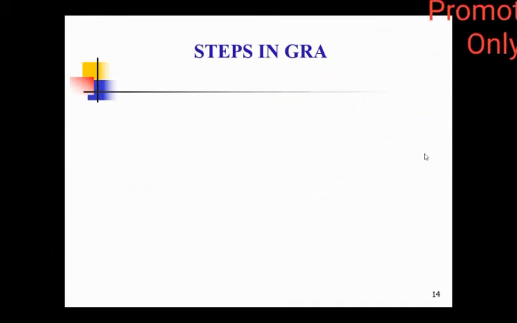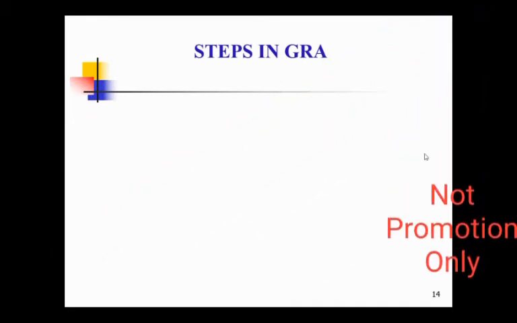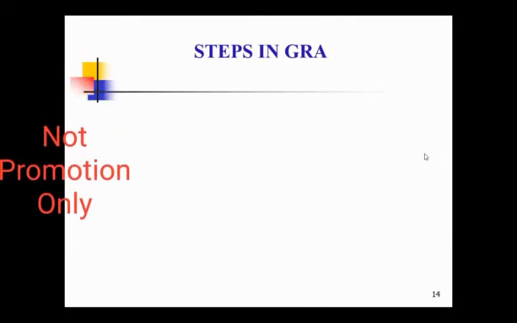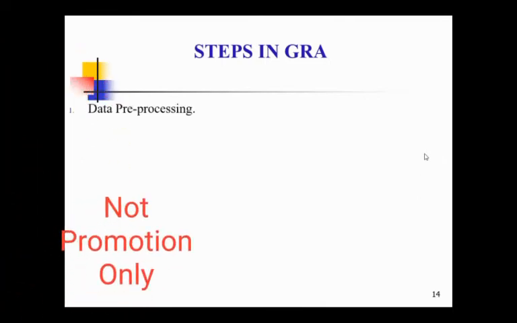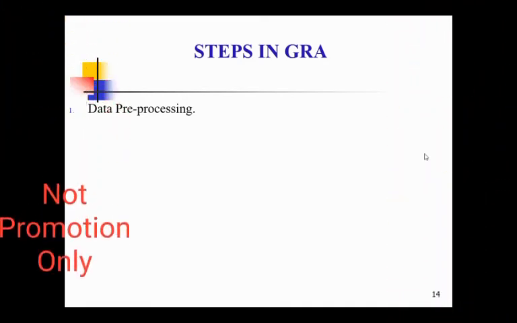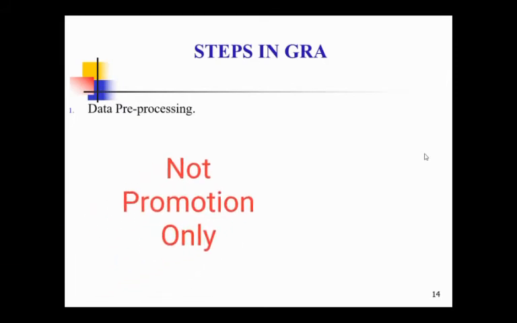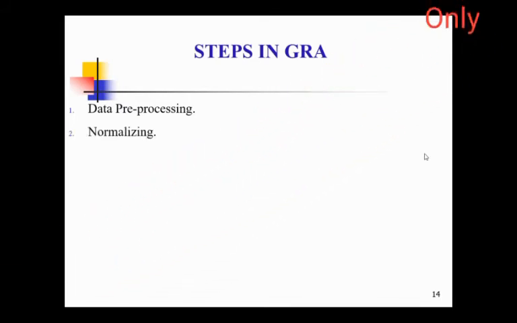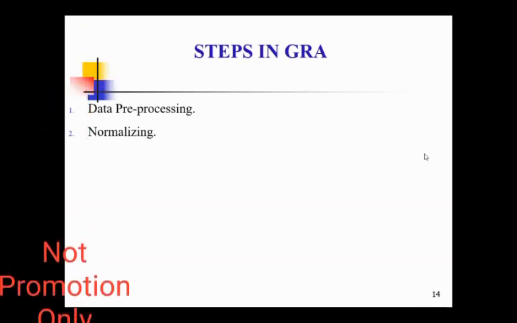So the steps to be followed in grey relational analysis. The first one is data pre-processing. We have to pre-process this data, then only we can analyze the experimental data. Then comes normalizing the data.